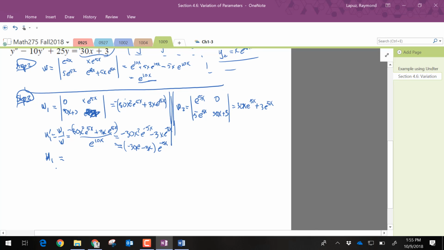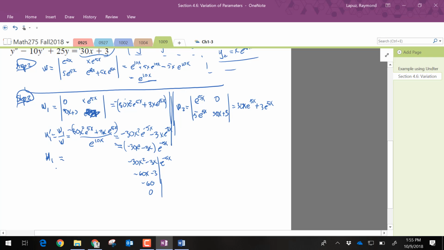How would we do this? Minus 30x squared minus 3x and e to the minus 5x. So we take the derivative of one side and integrate the other, and this is the one that we take the derivative of, right? So minus 60x minus 3, minus 60, and then it'll eventually become 0.